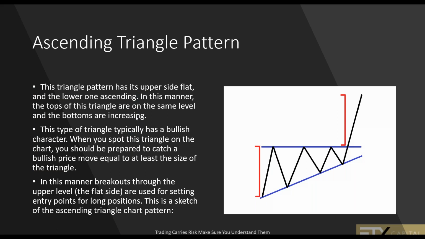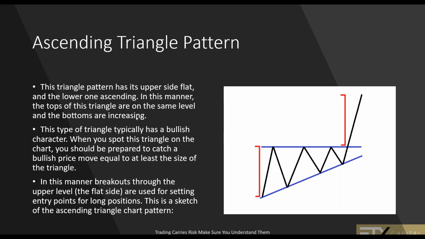So this triangle pattern has an upper side that's flat and a lower side that's ascending. In this manner, the tops of the triangle are on the same level and the bottoms are increasing. This type of triangle has a bullish character. The reason we say bullish character is it appears during an uptrend.